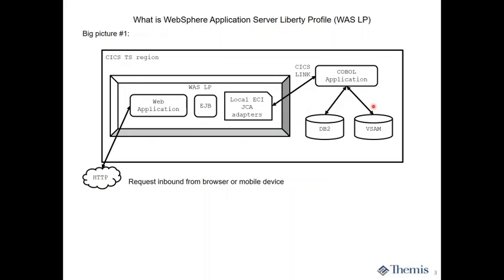The whole idea behind Liberty Profile was a stripped down form of WAS, the full Network Deployment version, so that it was smaller, lighter, more compact. But we can now grow it, if you will, to what it was, full EE support, Java EE. But for most cases inside of CICS, all you care about is applications and servlets, okay?